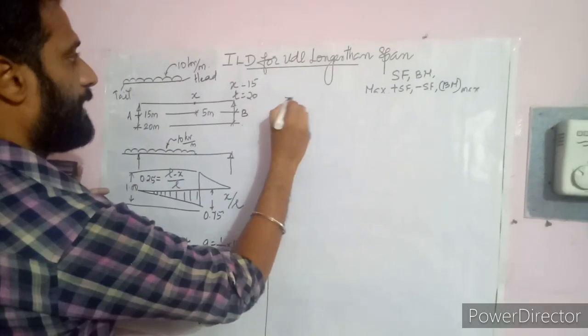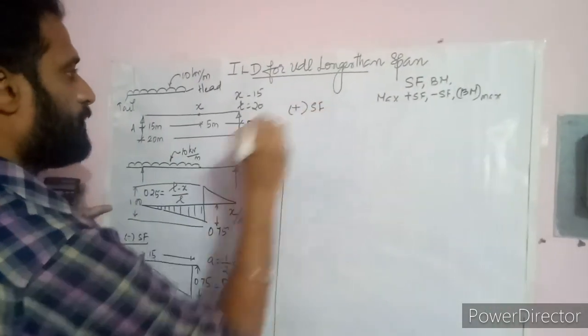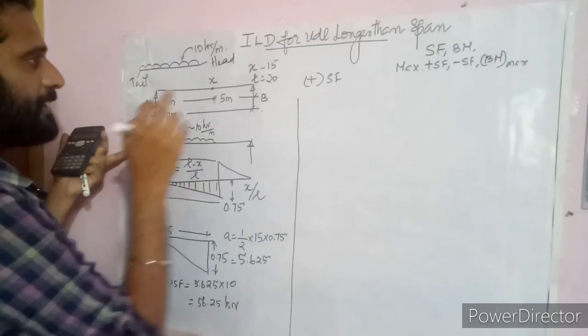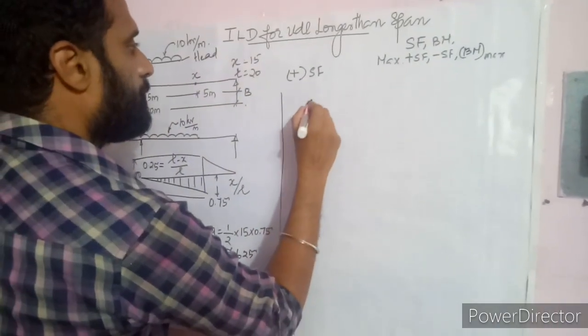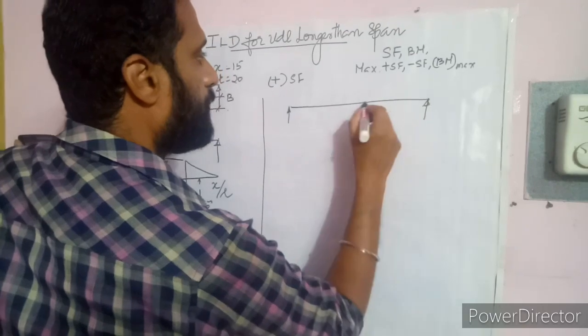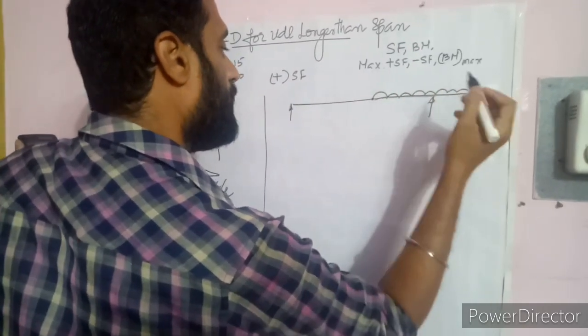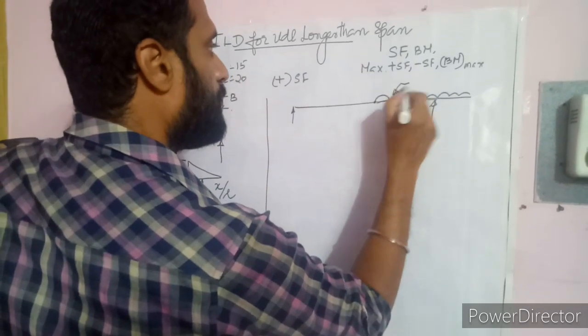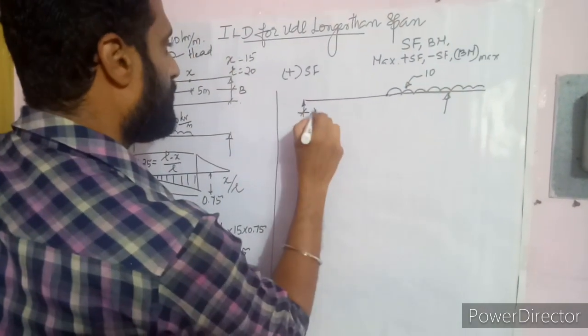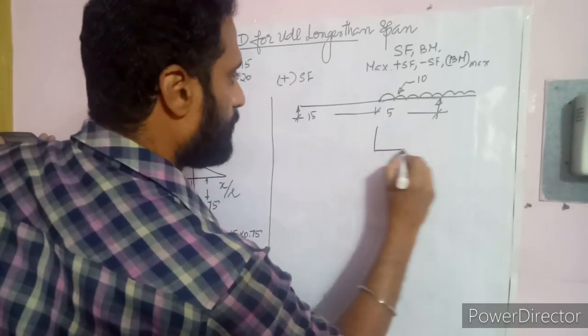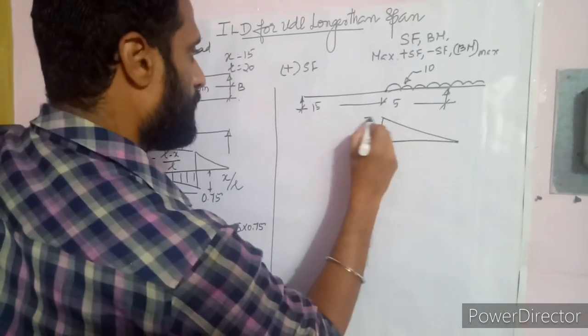The next is to calculate the positive shear force. For positive shear force, we need to place the tail at the X position. So I am superimposing it over X. Since the UDL is longer than the span, it will go even beyond the span. The intensity is 10, this distance is 15, and this one is 5, and I am taking only the positive shear force plot.